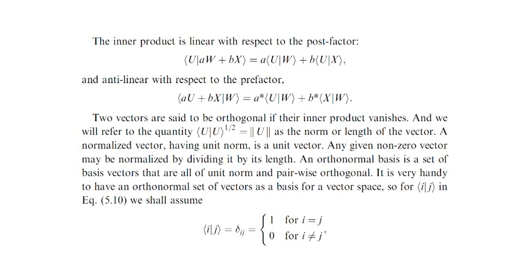We say that a vector is normalized or has unit norm, and we refer to such vectors as unit vectors. Any non-zero vector can be normalized by dividing by its length. That also we know. In the case of ordinary vectors in three-dimensional space, we have done all these things. An orthonormal basis is a set of basis vectors which all have unit norm and are pairwise orthogonal.